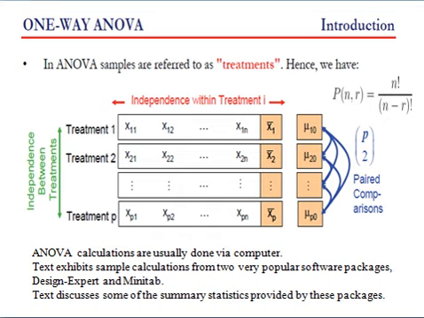ANOVA calculations are usually done via computers and some popular software packages such as Minitab, Excel, SPSS. They will give you p-values directly, and on the basis of the p-value or f-value, f naught, you can make decisions regarding the null hypothesis.